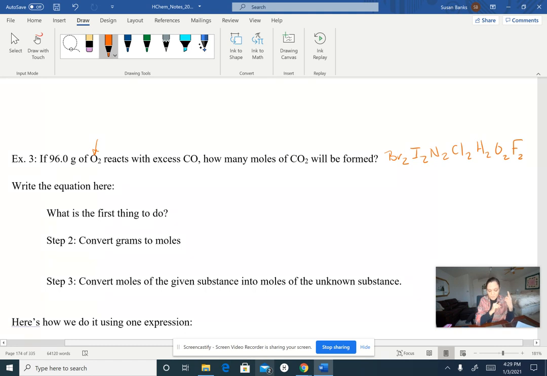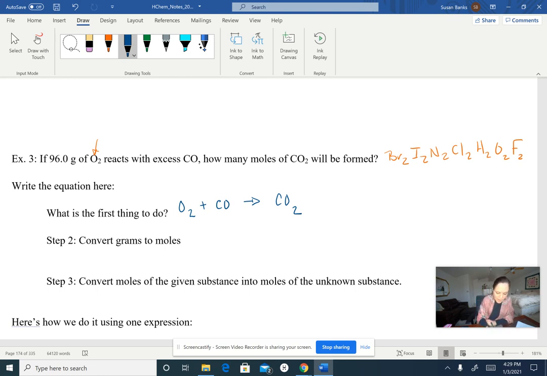First thing first, we've got to come up with an equation. So I am reacting oxygen with carbon monoxide, and I'm creating carbon dioxide. Okay, there's my skeleton. Now, what do I need to do once I've got my skeleton down? I've got to go and balance it, right?